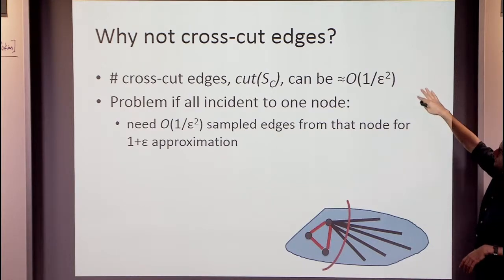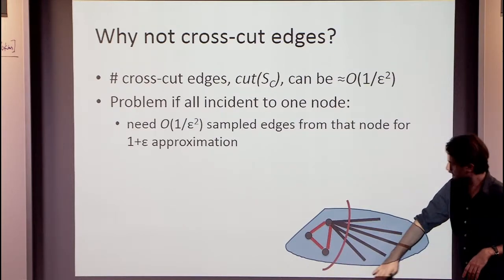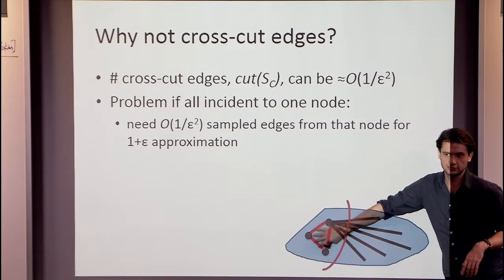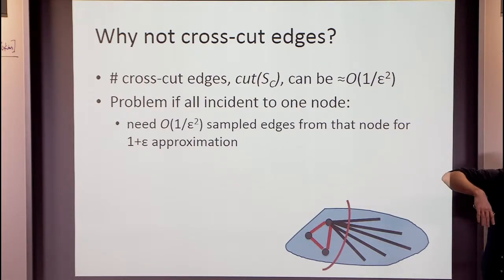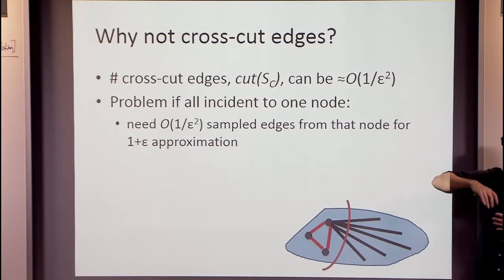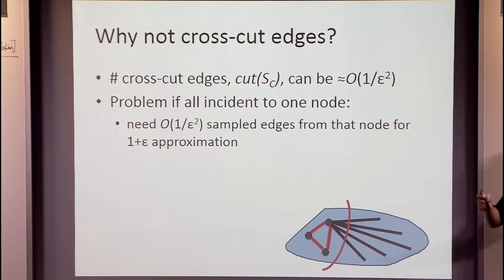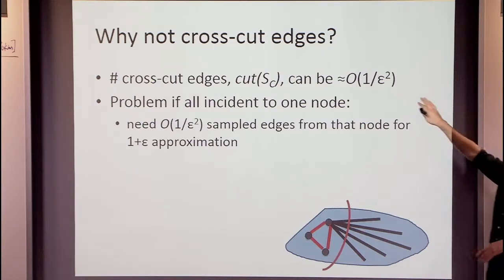So this is a dense component, this is the set S, this is our set P, so this is the inside. The number of edges that cross the cut can be of value roughly 1 over epsilon squared. Right? It cannot be much more, first of all, just because of the first step where we normalize the cut value to 1 over epsilon squared. So it cannot be much more.